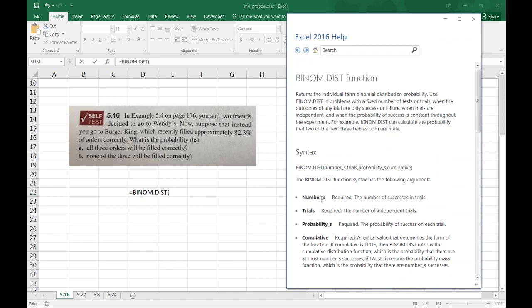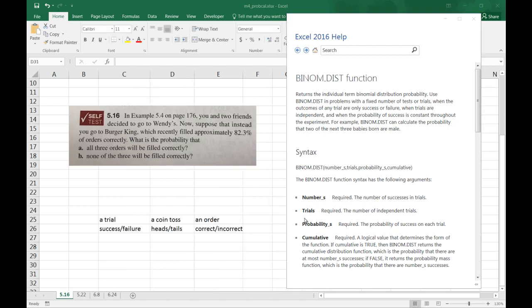Let me first point out the parallels between the example of coin toss and the official terminology in statistics for binomial distribution. The notion of a trial is equivalent to the notion of a coin toss, or in this example, the same notion of an order for food.